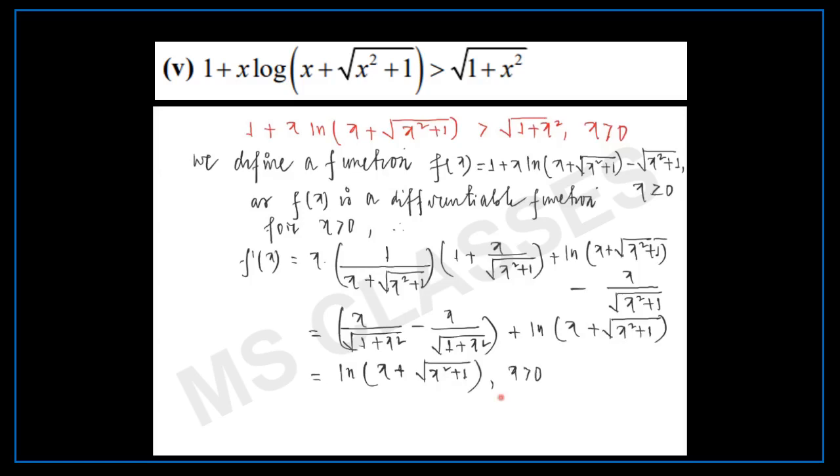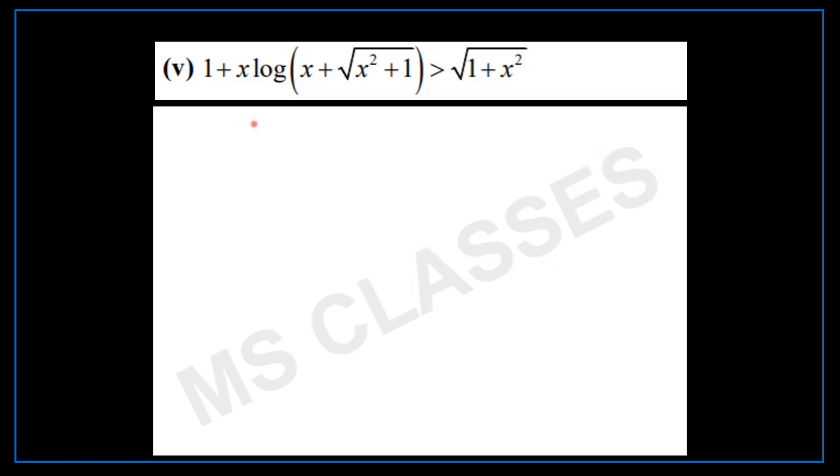When x is greater than 0, x square plus 1 is greater than 1, as x square is greater than 0. So root over of x square plus 1 will be greater than 1. If we add a positive number to this, it will definitely be greater than 1 only.